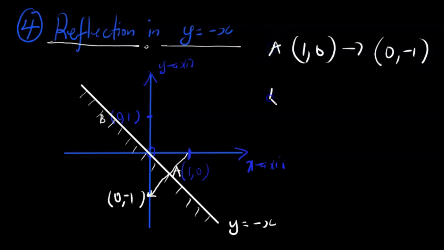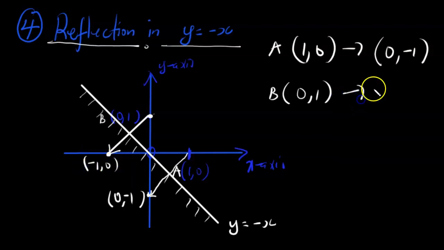And the point B, which is 0, 1, is going to be reflected to this side here, which is going to be the point negative 1, 0. That means B is reflected to the point negative 1, 0.